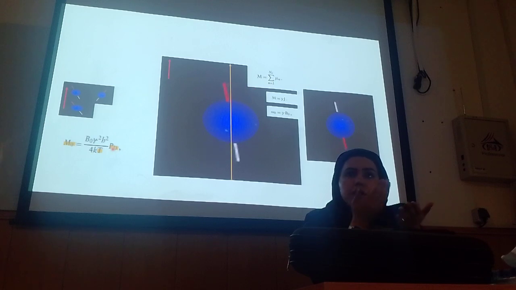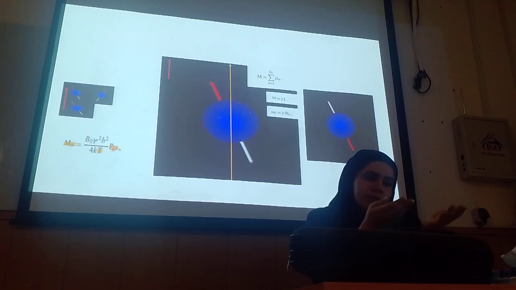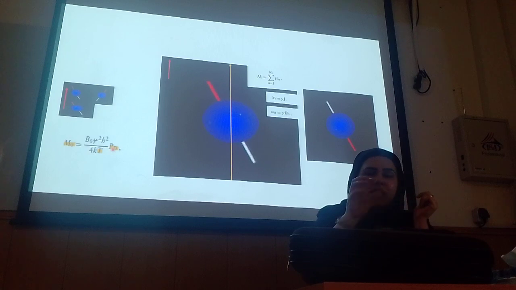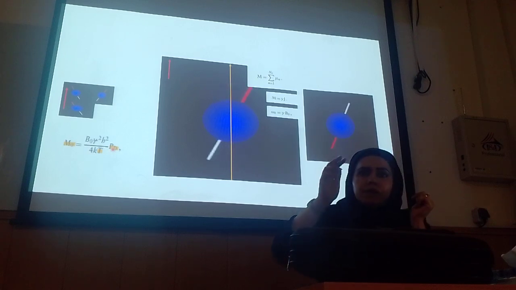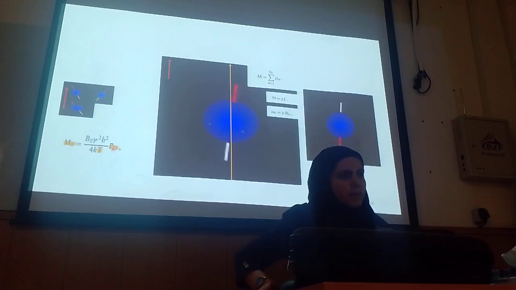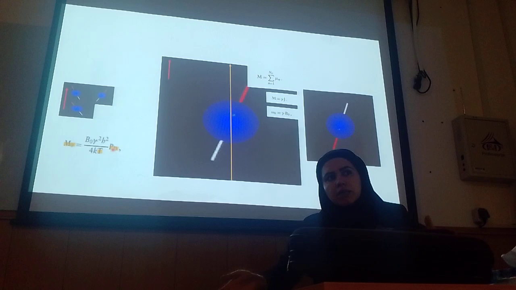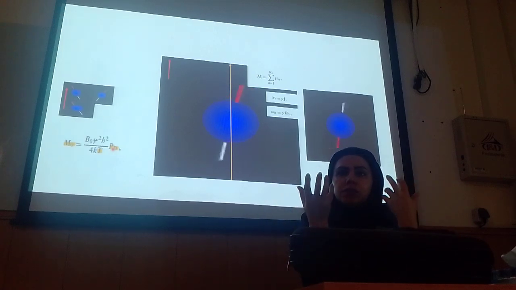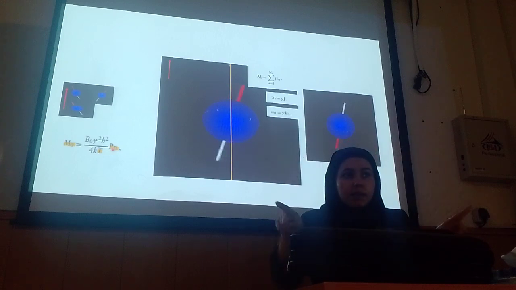This is the final ultimate aim in MRI. But especially in this case, we can see different tissues based on the proton density. If we have different tissues with different proton densities, and we set our imaging based on proton density, we can see these tissues differently on the image.